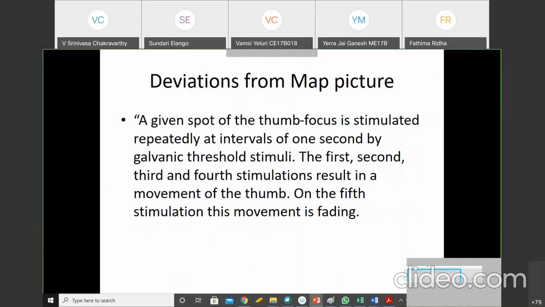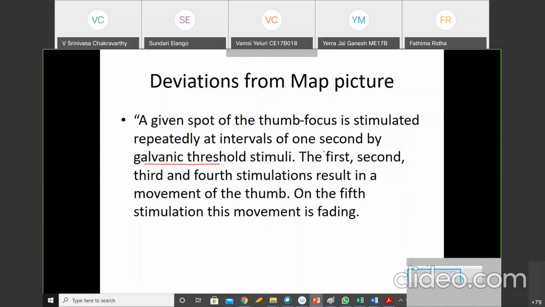Similarly, he gives one more example. A given spot of the thumb focus is stimulated repeatedly at intervals of 1 second by galvanic threshold stimuli. Here they pass current. They found that if you stimulate the motor cortex at some point, it produces movement of the thumb, and you have to pass sufficient current, that is called the galvanic threshold.